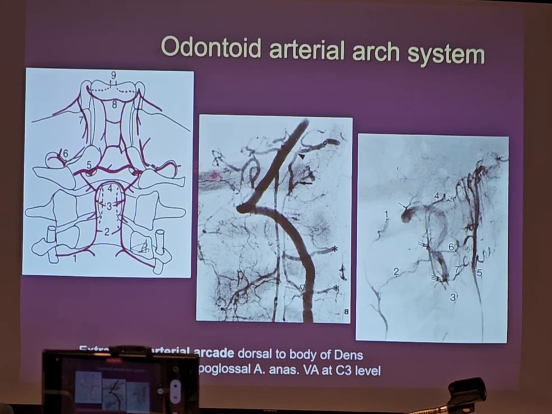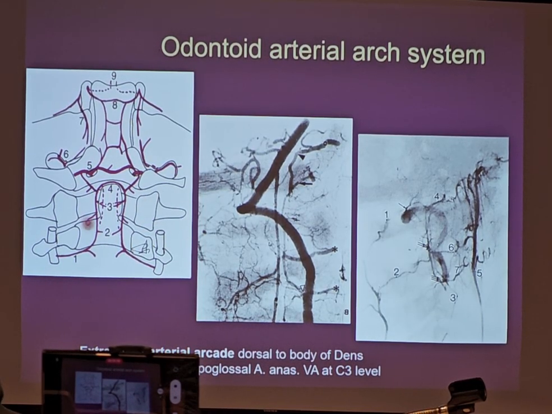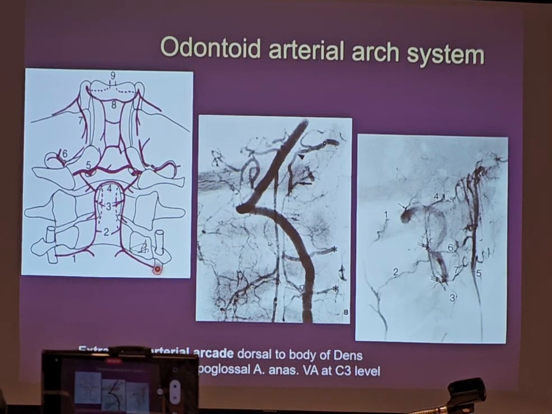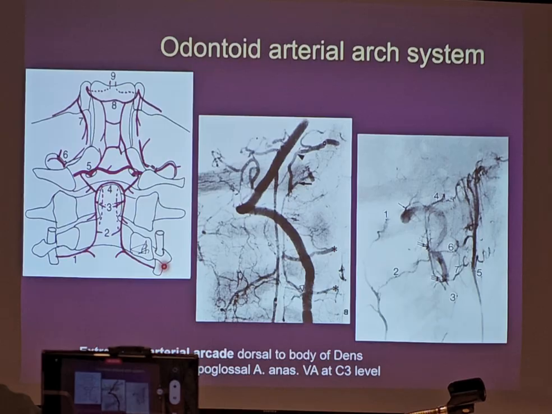Okay? So this is the shape overlying the dens or odontoid arch. It comprises the descending branch of the hypoglossal artery anastomosing with the vertebral artery at C3. Everything happens at the C3 segment.